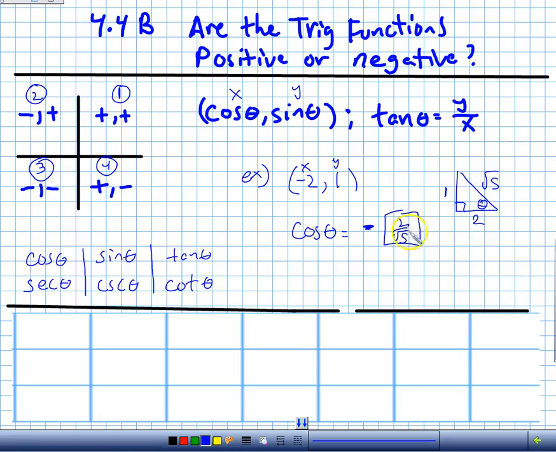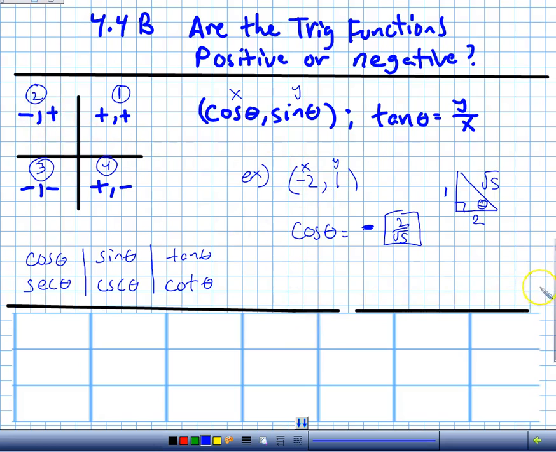Of course, you should simplify it if you can, and we do that by multiplying by radical 5 top and bottom. But notice, we already knew that this was negative because of the quadrant it is in. This point is in the second quadrant.